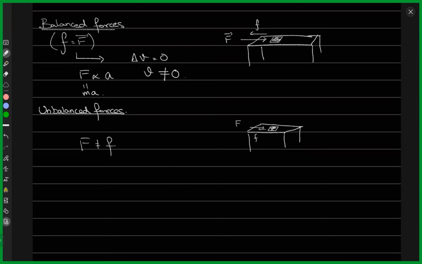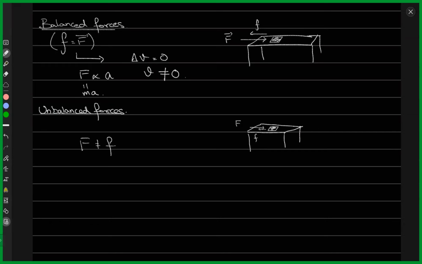Okay, so yeah, unbalanced forces. Suppose I have a book again on a table, the same example, but now in this case, I apply a push to the book. So the book will start moving forward, obviously. But now suppose that the friction that develops is not equal to that force of push, right?